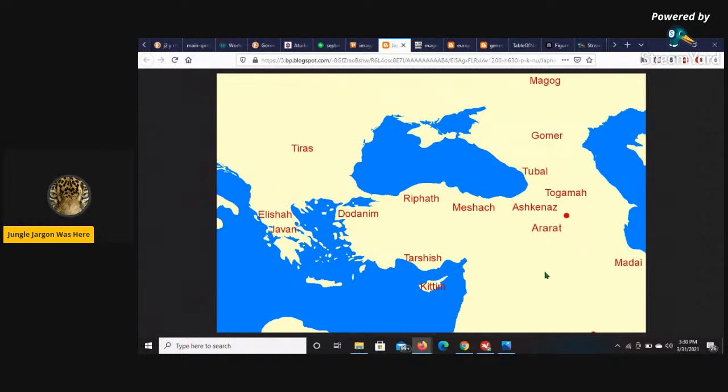So tentatively, we'll just label Tubal as T, Meshech as M, Madai as the K and the S, Magog as the O and the N, Gomer as the R and the Q, and these are the extinct Neanderthal, Javan, and Tiras. So now we wrapped it up.